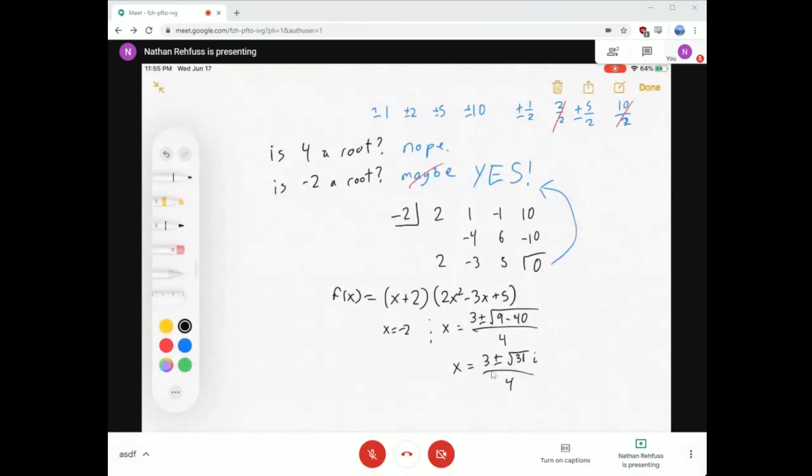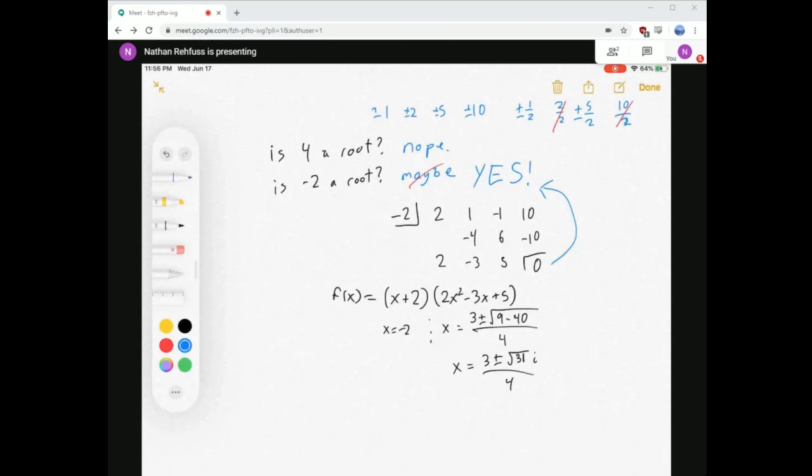And would you look at that? These two are complex conjugates of each other. That will always happen. That's the conjugate complex zeros theorem. And that says that complex roots come in pairs, a plus bi and a minus bi.